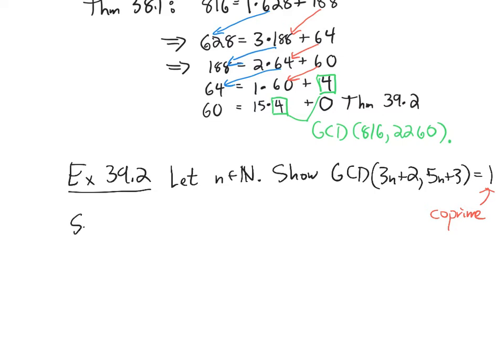So let's use the Euclidean algorithm again. Long division will help us here. I can write 5n plus 3 as some multiple of 3n plus 2 plus a remainder.